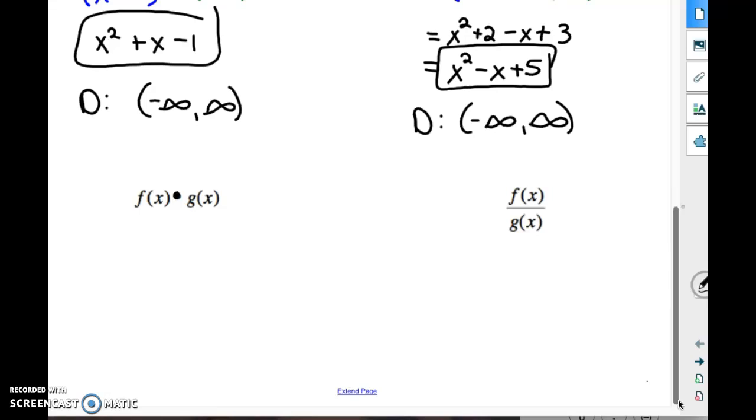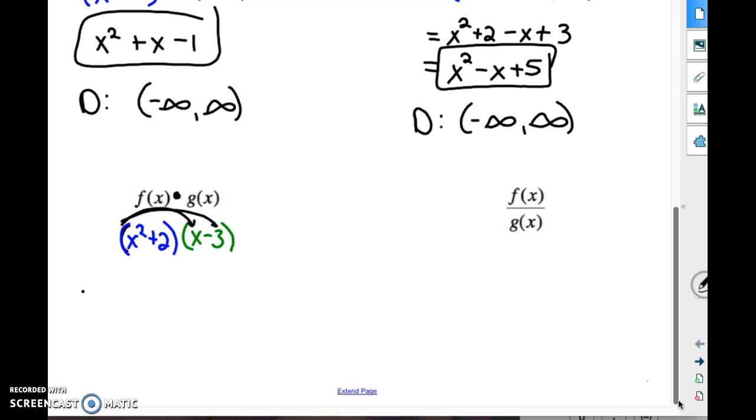Down here, this is a times. So for our f, we substitute in the x squared plus 2. And then it says times. And then g is x minus 3. And so now we just go about distributing, or FOIL, however you want to call it.